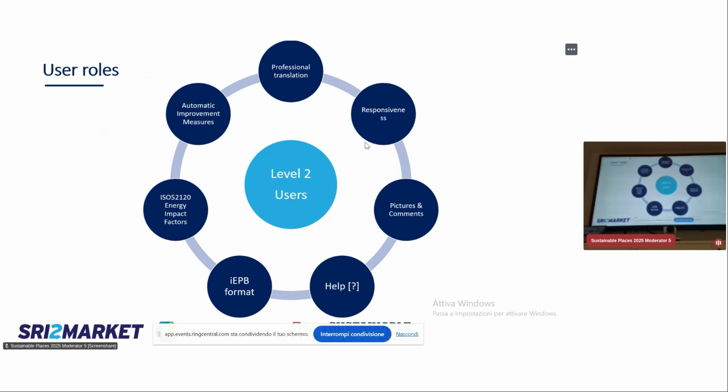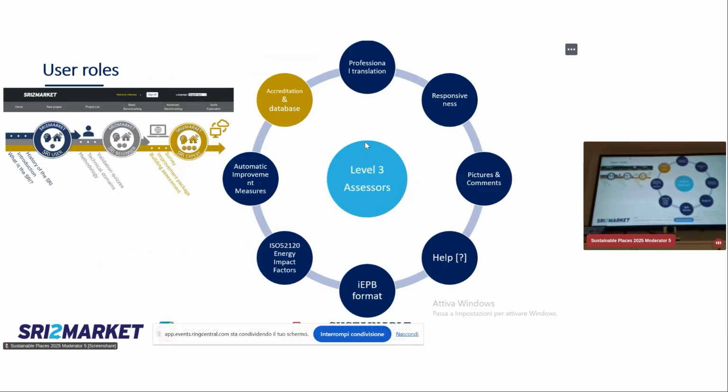You can access the suggestion of automatic improvement measures, and also the estimation of the energy impact factors according to the ISO 52120. Also, you can upload your justification comments and pictures or images for justification of the functionality levels selected for each service.